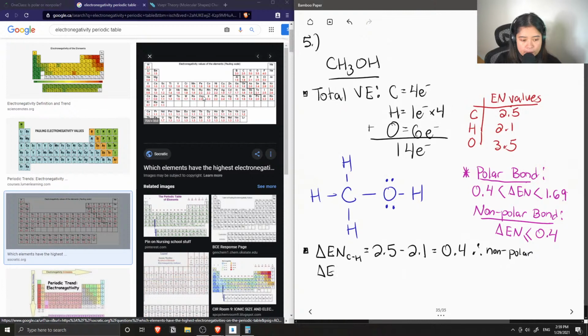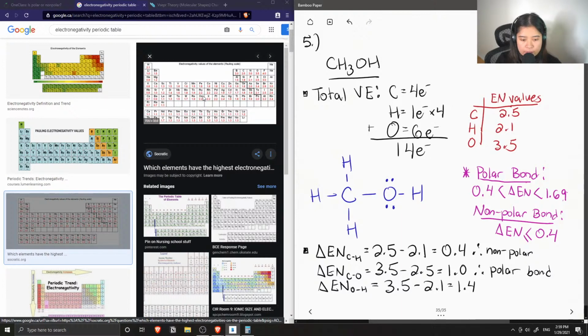If we were to look at the carbon-oxygen bond, oxygen's is 3.5 and carbon's is 2.5, so their difference is 1. So therefore this is a polar bond. And we can do the same thing for the oxygen and hydrogen bond. 3.5 minus 2.1 is even more polar. So it's 1.4.